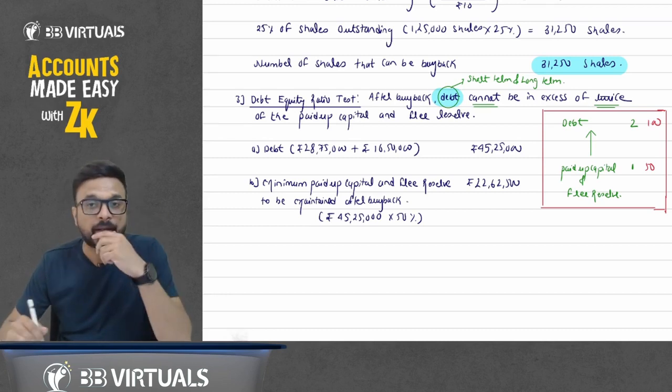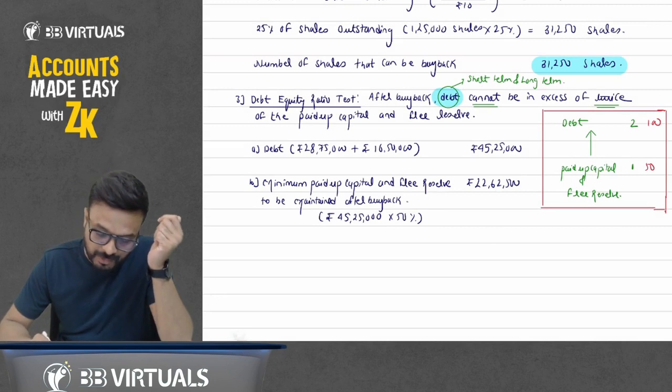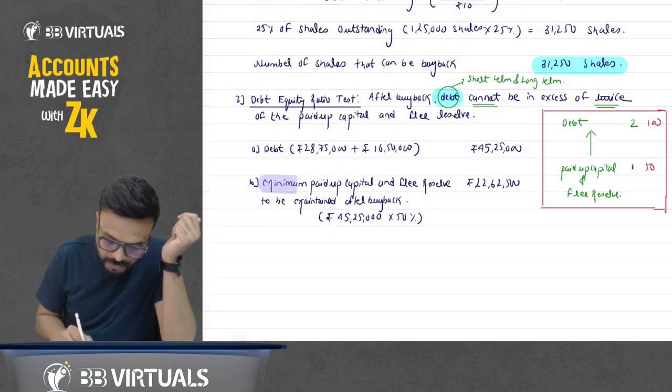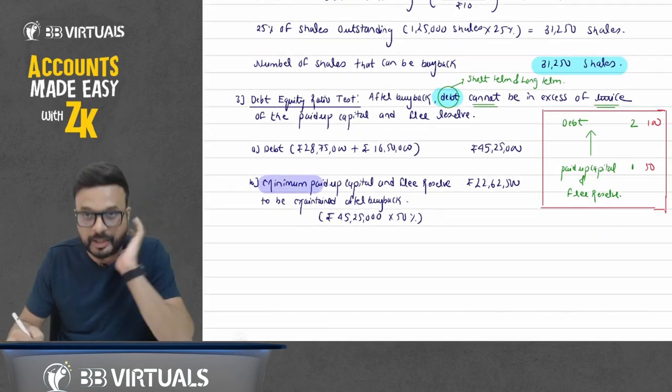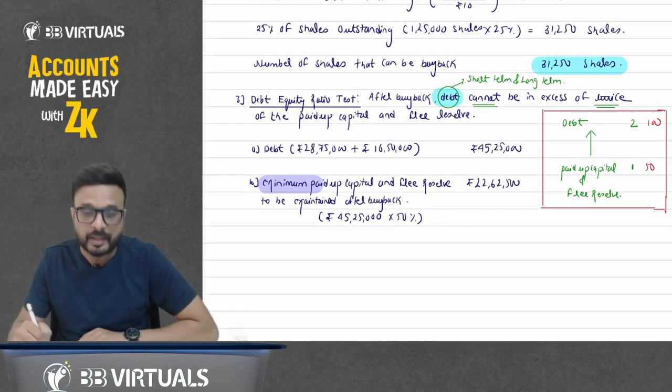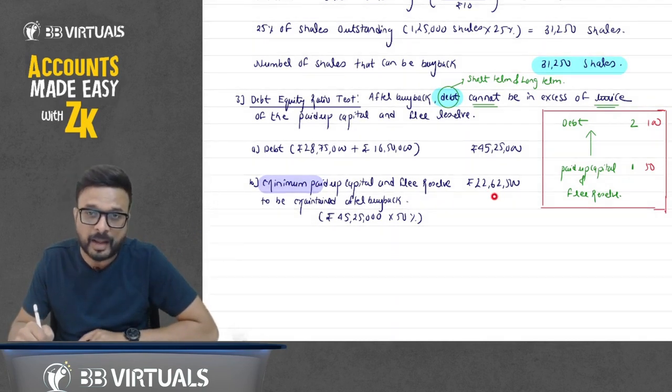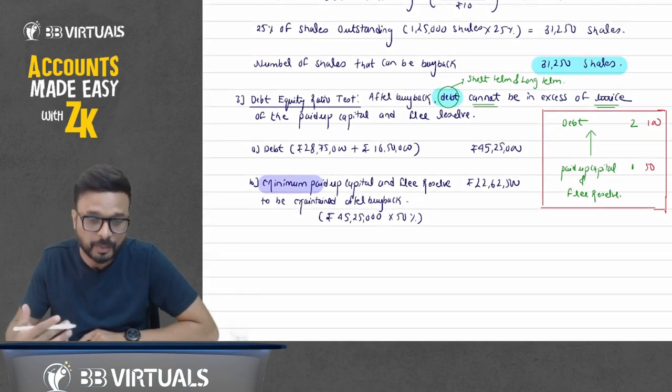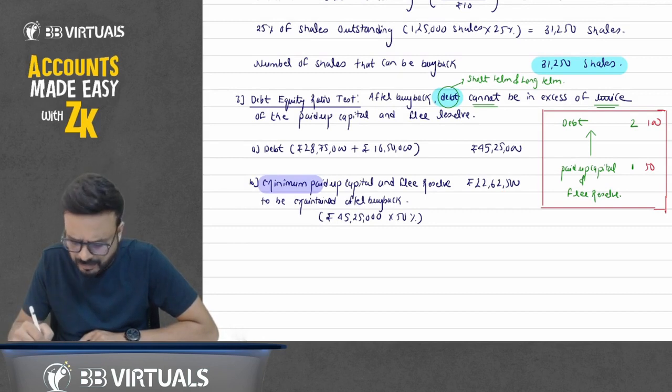Now understand this point. Why should they maintain minimum paid up capital and free reserve? It should be 22,62,500. If you take any figure lower than this, let's, for the purpose of understanding, just take 22 lakh.